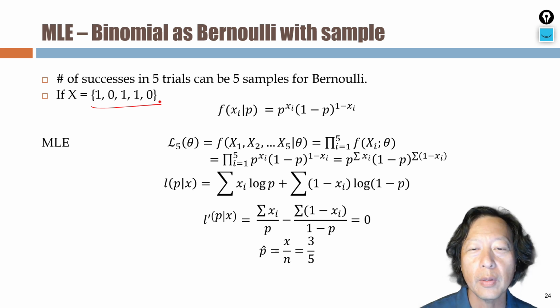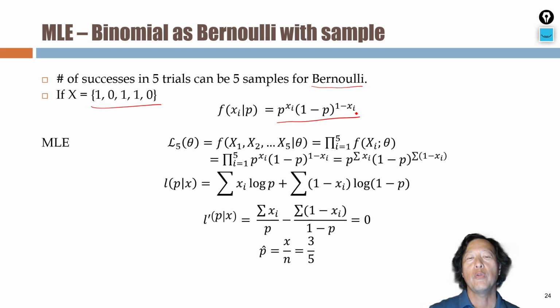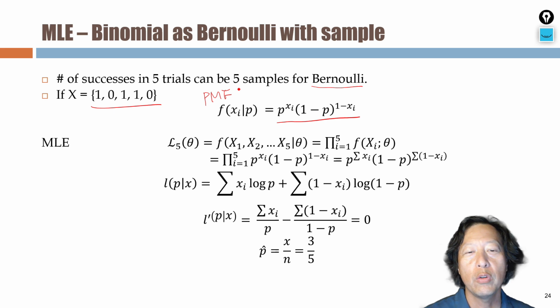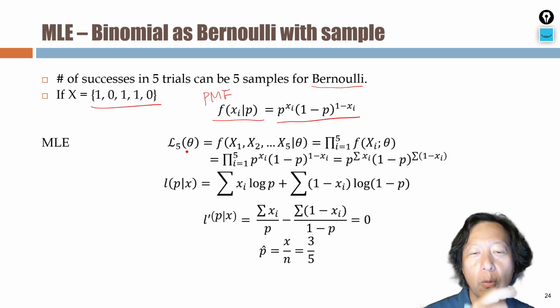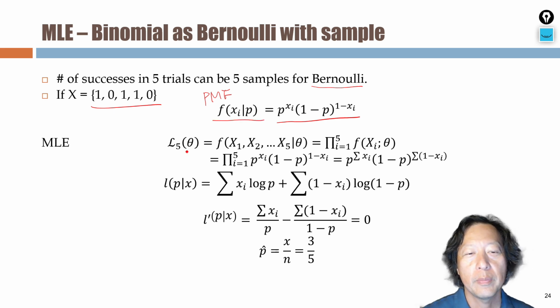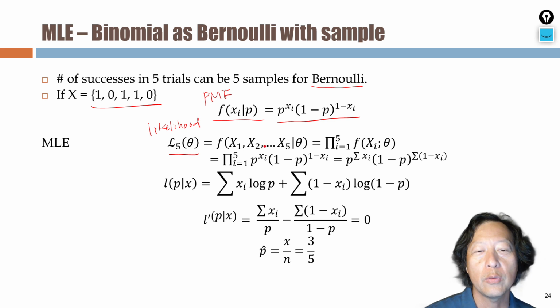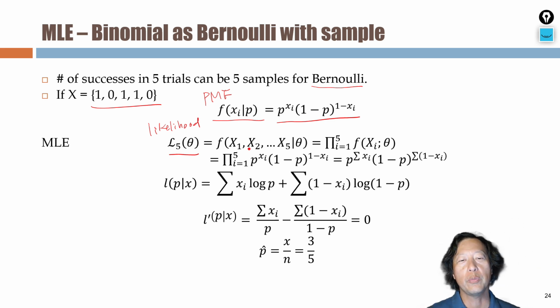So the Bernoulli probability formula is like this. This is the PMF again, the probability mass function. We will use this as our likelihood function, same as this one, but we don't observe only one.